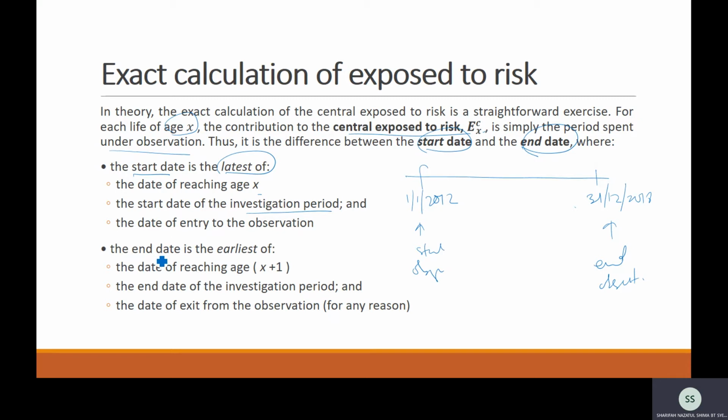The end date is the earliest of the date of reaching age x plus 1, because we estimate qx between x and x plus 1, that interval, the end date of the investigation period, and the date of exit from the observation for any reason, whether death or withdrawal, meaning exit other than death.